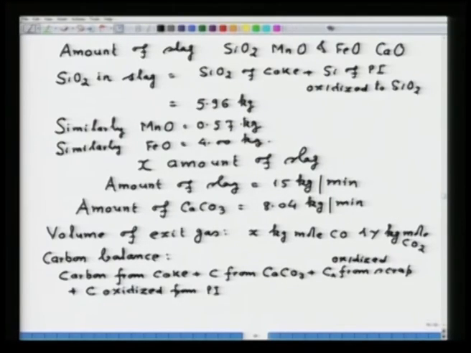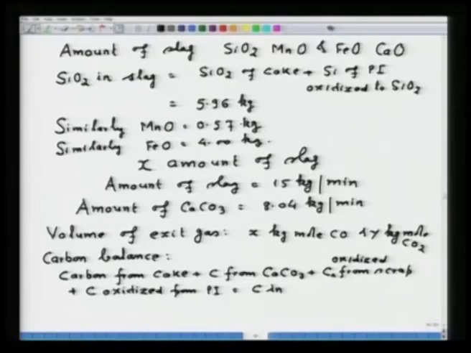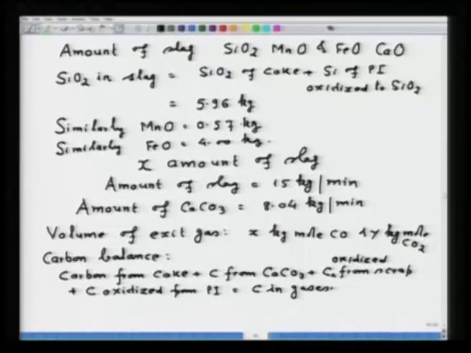Whatever oxidation, all will be in the exit gas. The total carbon balance has to be there. So, that will be equal to carbon in gases, because the carbon which has dissolved into the pig iron will not enter the gases. Rest from all sources, because input should be equal to output. So, this is about the carbon balance.